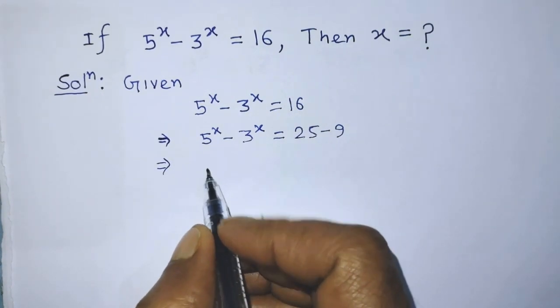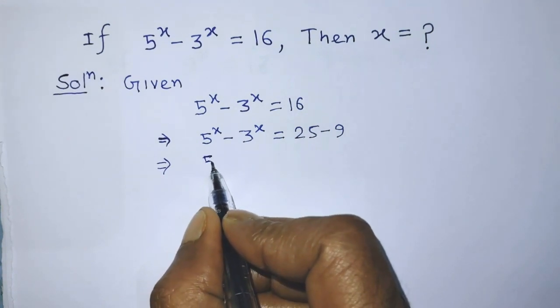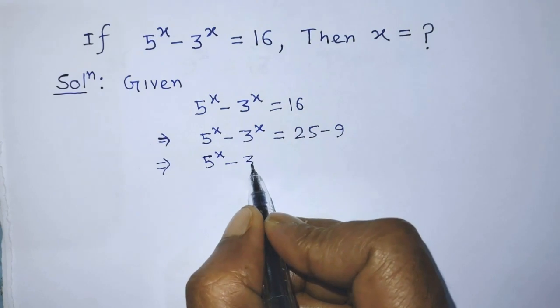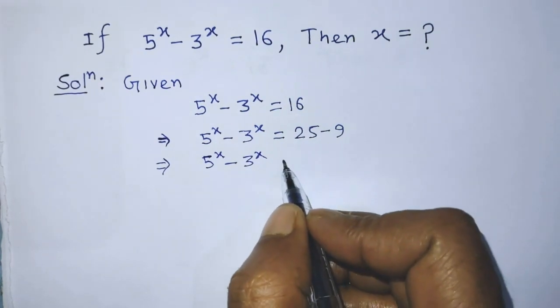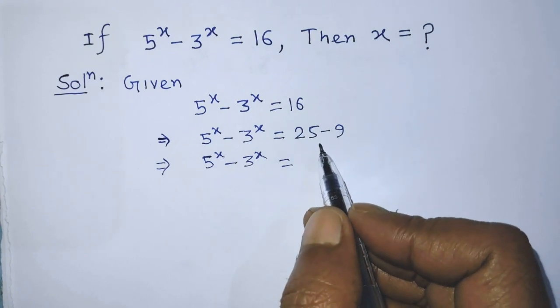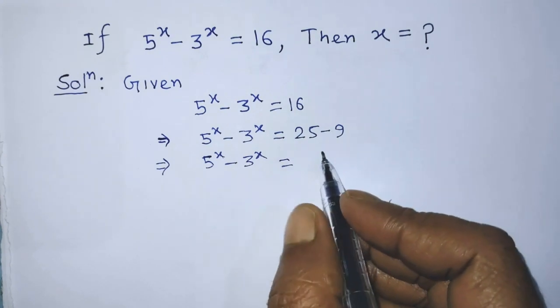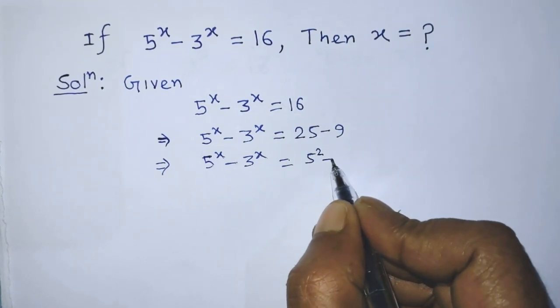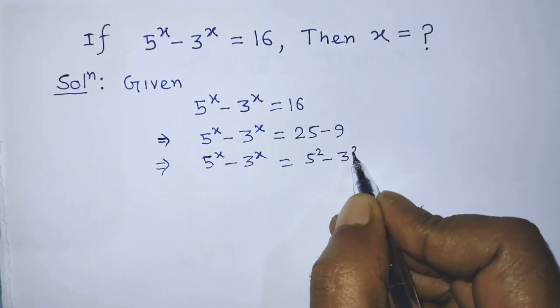That's why on the left hand side again we write 5 to the power x minus 3 to the power x is equal to, and on the right hand side we write the exponential form of 25 and 9. So we can write 5 to the power 2 minus 3 to the power 2.